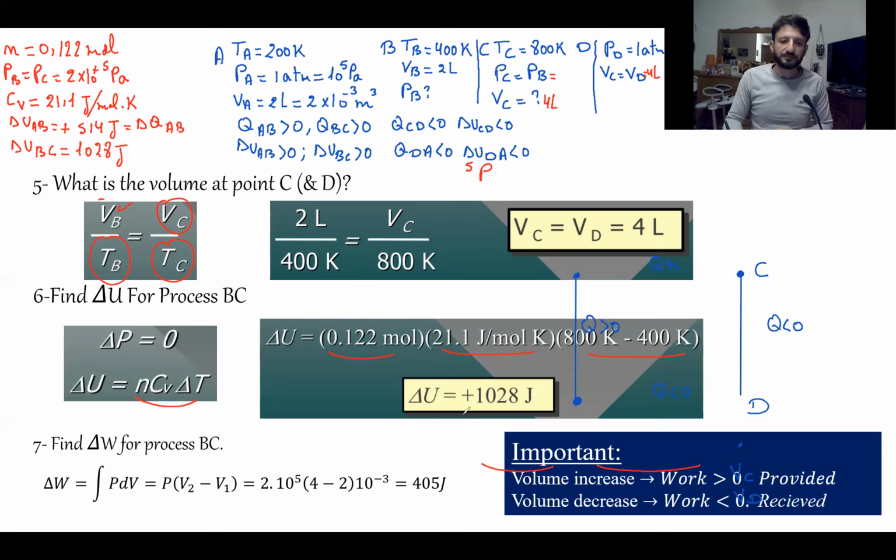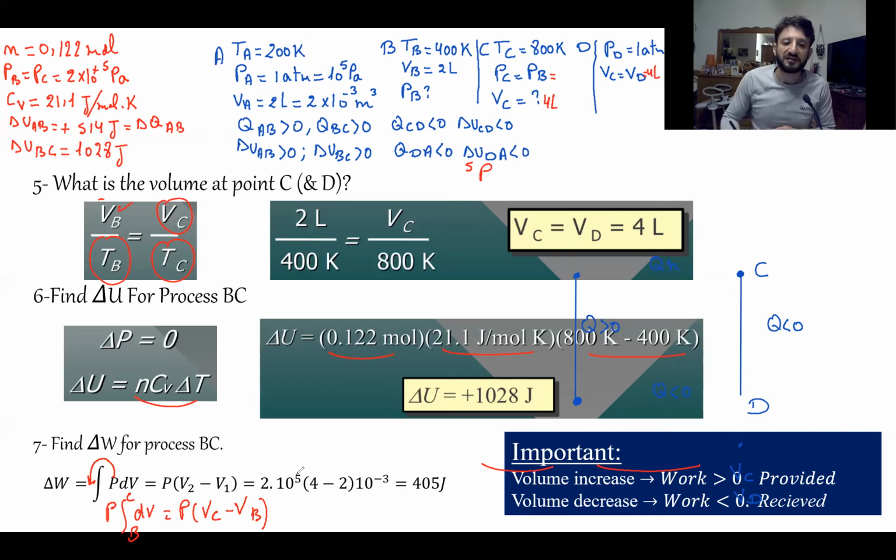Okay. Find the work of the case BC. You know, omega equals the integral of P dV. This is the expression. You can use it directly. As we have a constant P, you can put it outside. So we get here P integral dV between the points B and C, which equals P times V final VC minus VB.